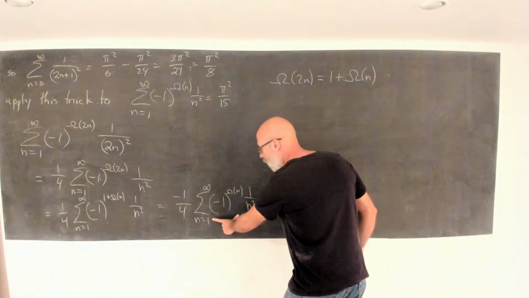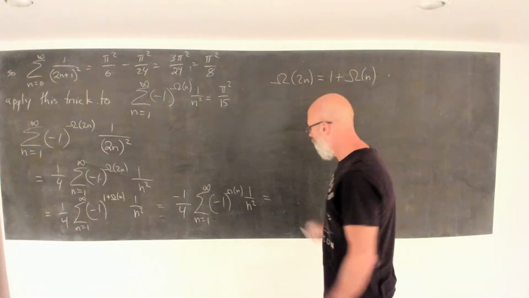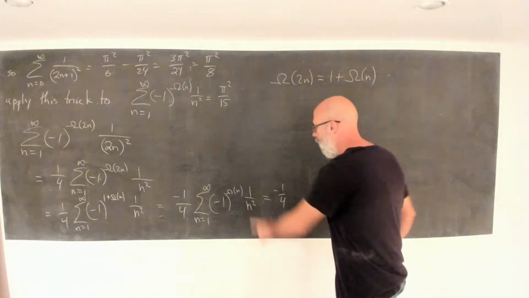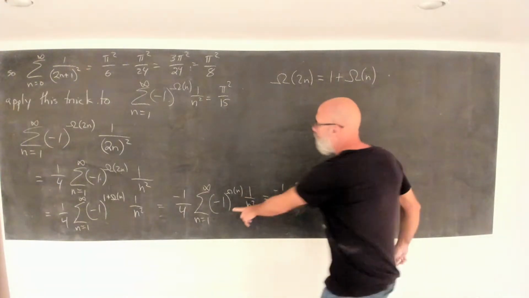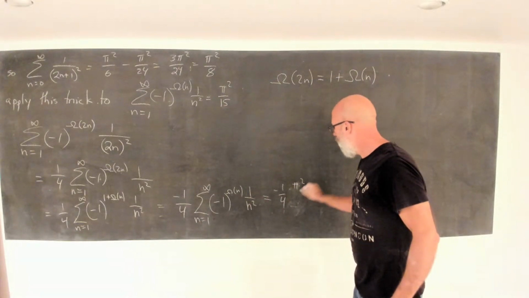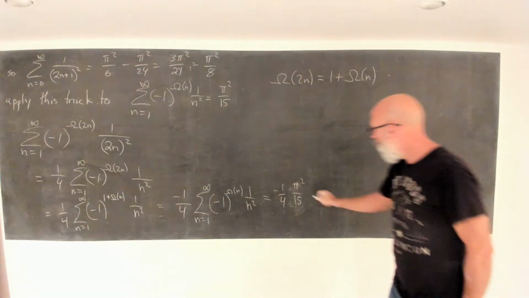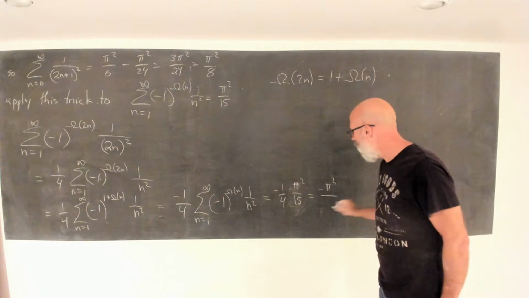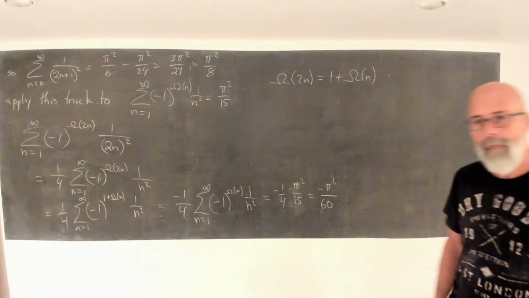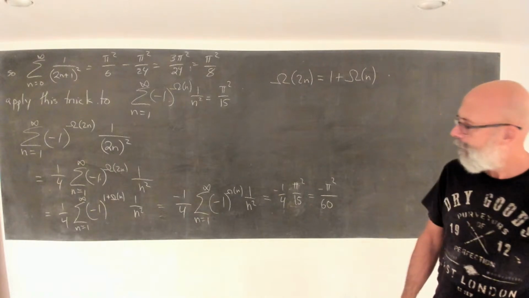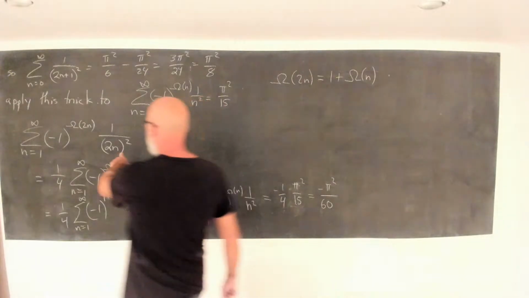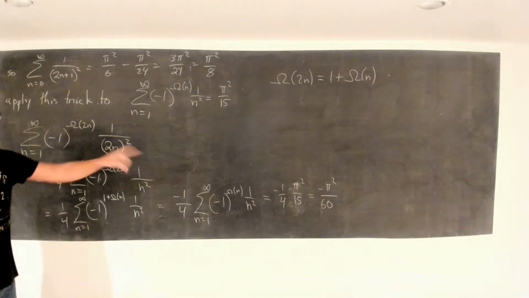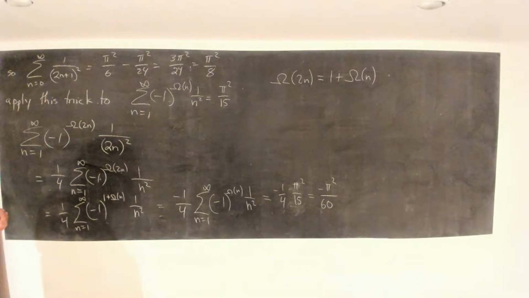And this is just pi squared over 15. So the whole thing is negative pi squared over 60. If you're summing over the evens, you get negative pi squared over 60.